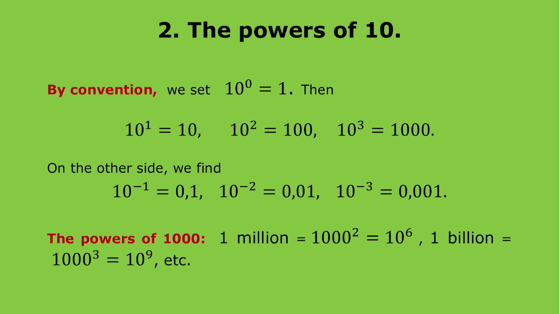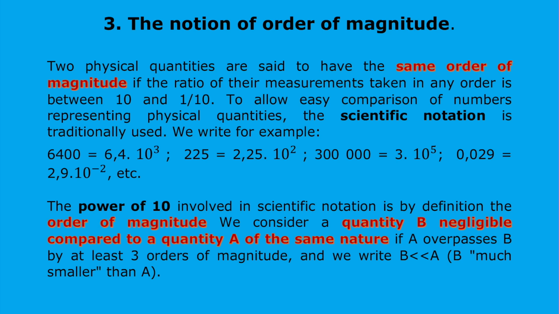Point 3. The notion of order of magnitude. In practice, two physical quantities are said to have the same order of magnitude if the ratio of their measurements, taken in any order, is between 10 and 1/10. To allow easy comparison of numbers representing physical quantities, scientific notation is traditionally used.